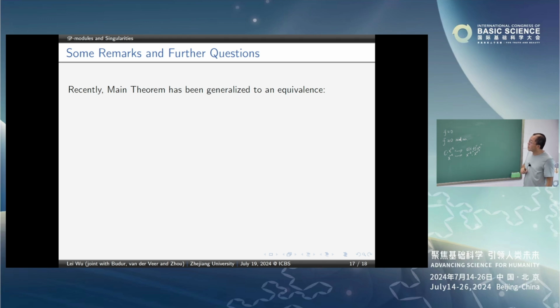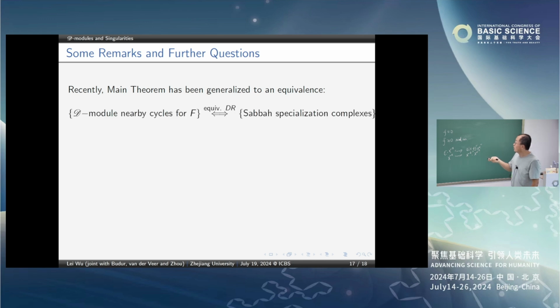So recently, our theorem has been generalized by myself to an equivalence between D-module nearby cycles for this capital F and the so-called sub-r specialization complex. These sub-r specialization complexes are natural generalizations of the nearby cycles for constructible sheaves or perverse sheaves.